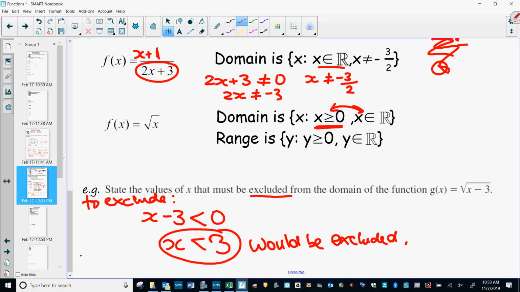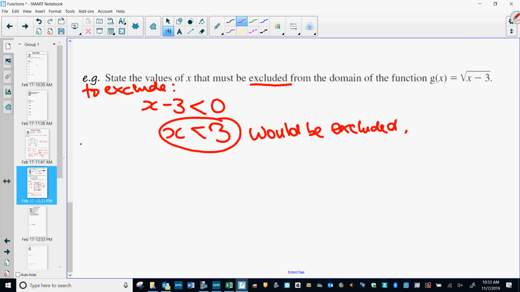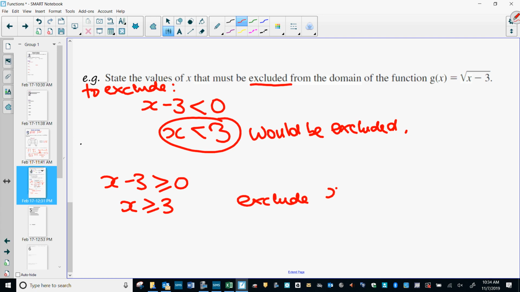I just simply rearrange this. If you had kept x minus 3 has to be greater than or equal to 0, you would have had that x has to be greater than or equal to 3, which means you exclude x is less than 3. Because your domain has to be this.